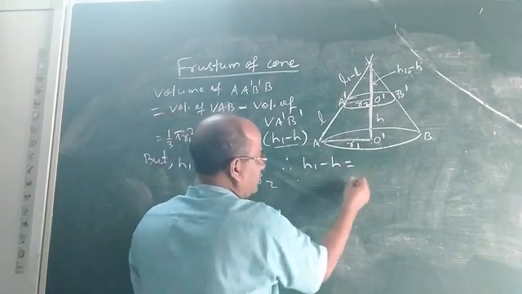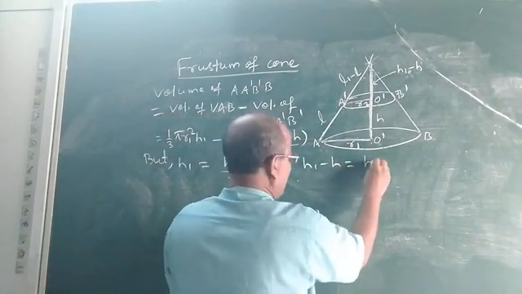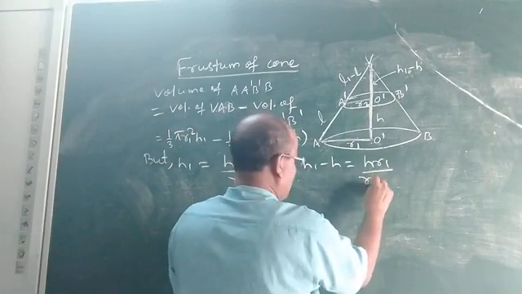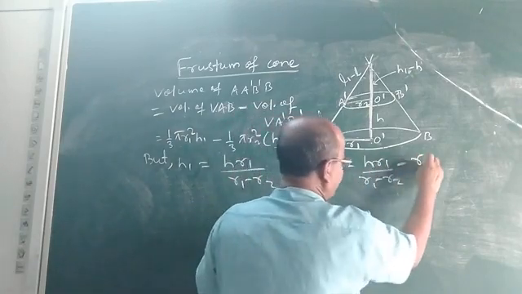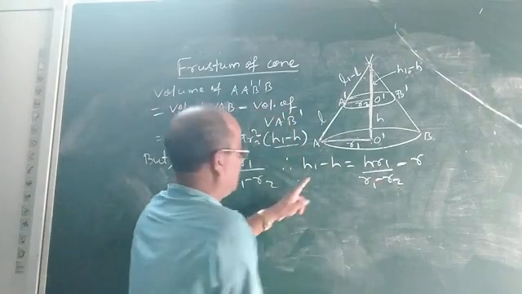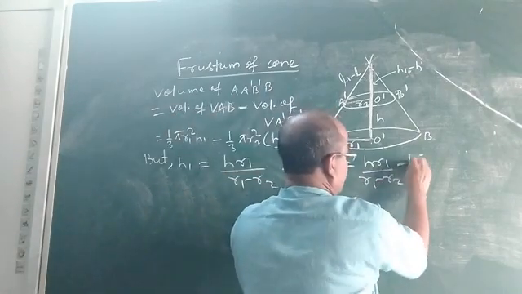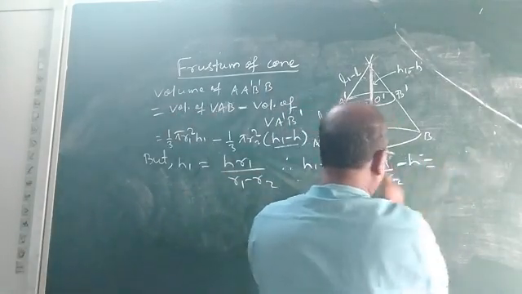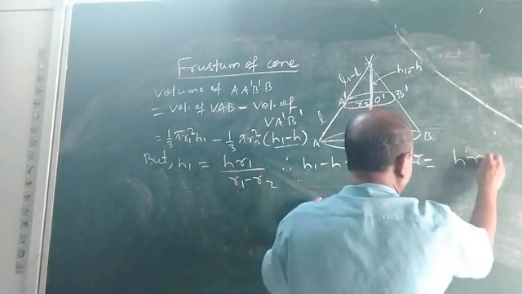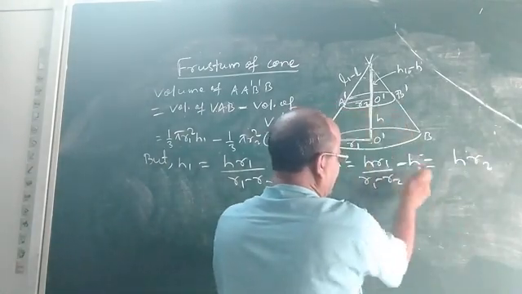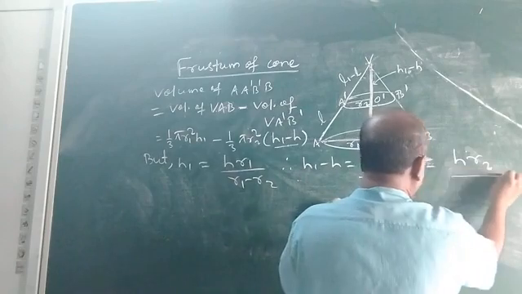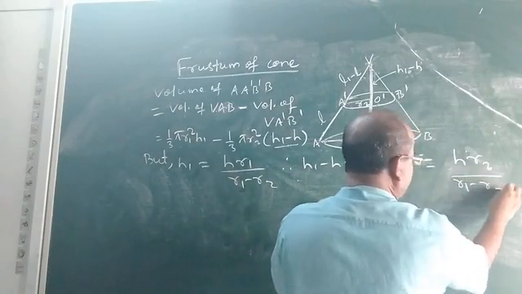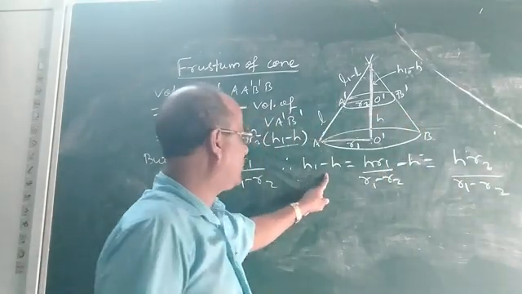So h1 minus h will be h r1 by r1 minus r2 minus h. On simplification, by taking LCM, you will get h r2 by r1 minus r2.